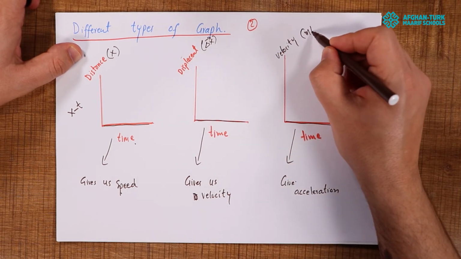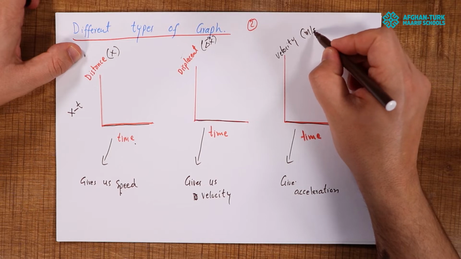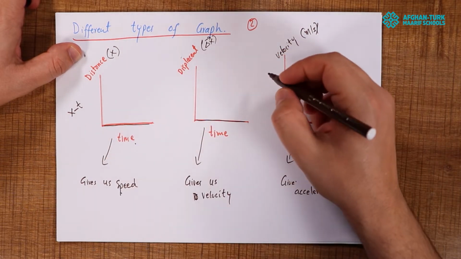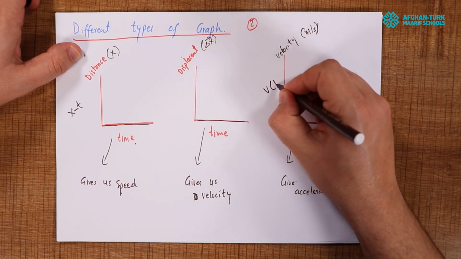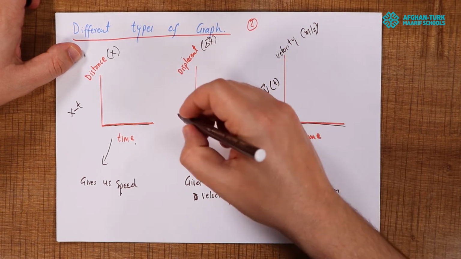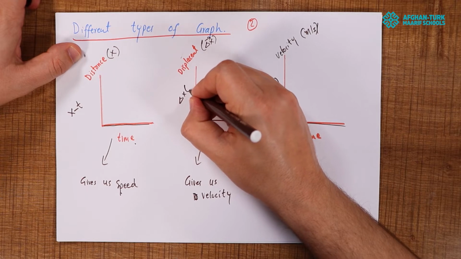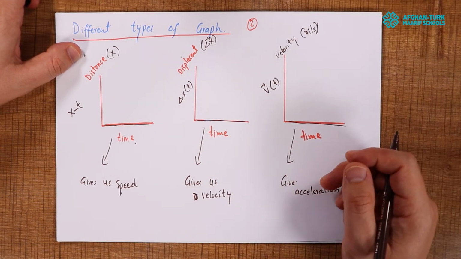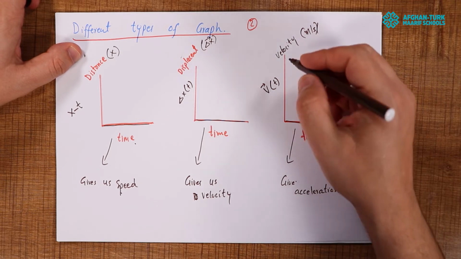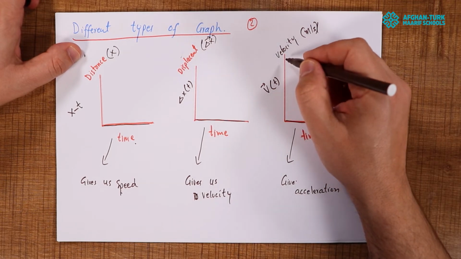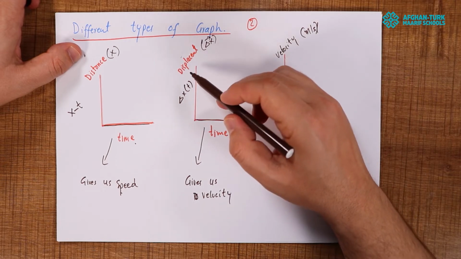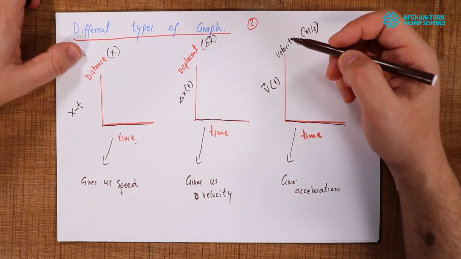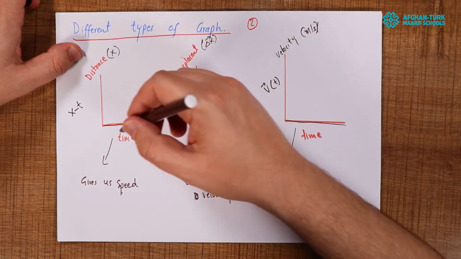The last one, velocity time graph, or we can write it like vt. This one is displacement time graph. We can simply denote it by this. But there is only one thing to remember: on the vertical side we select the velocity or displacement or distance, but on the horizontal side we usually or must put the time.